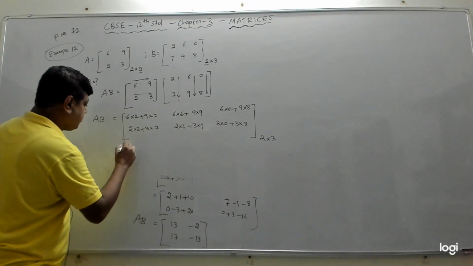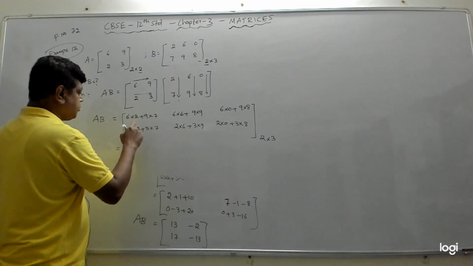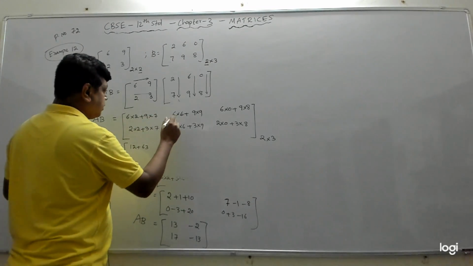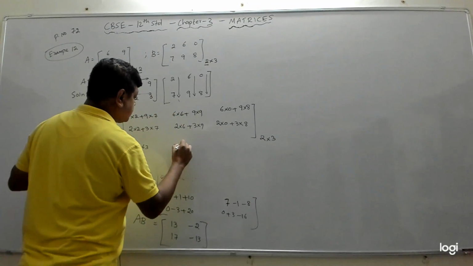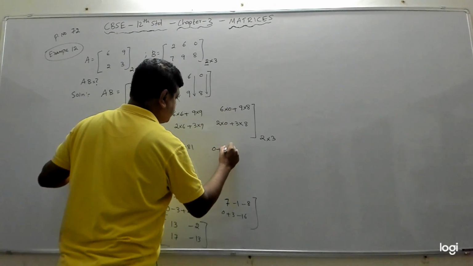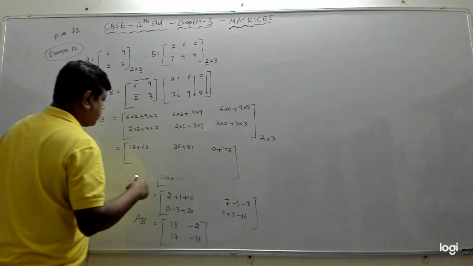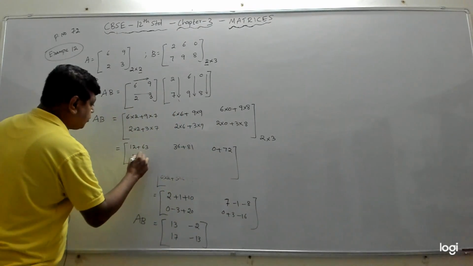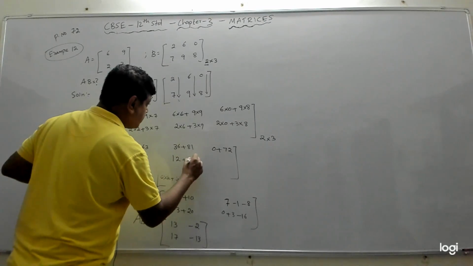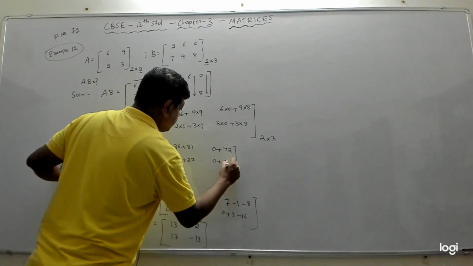Now, if you simplify this, what do you get? 6 times 2 is 12 plus 9 sevens are 63. Then 6 times 6 is 36 plus 81. Then 6 times 0 is 0 plus 72. Then 4 plus 21, 12 plus 27, 0 plus 24.